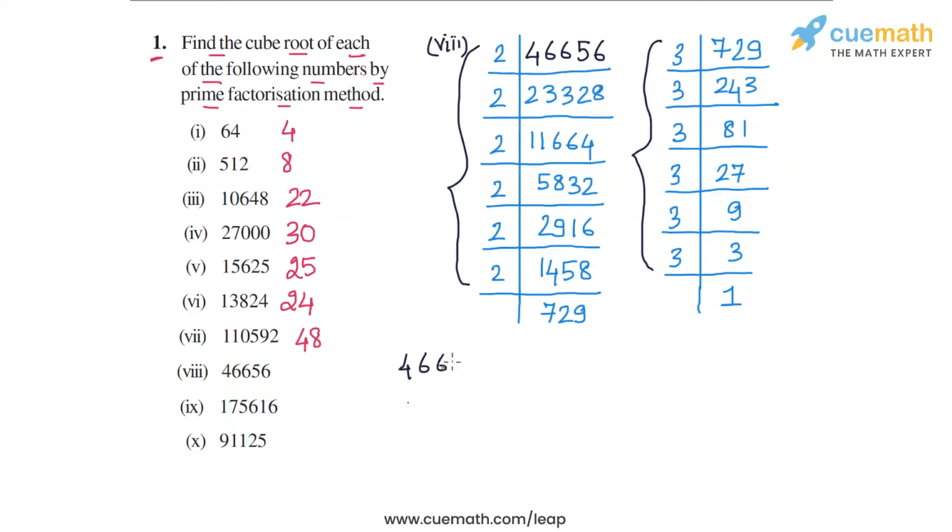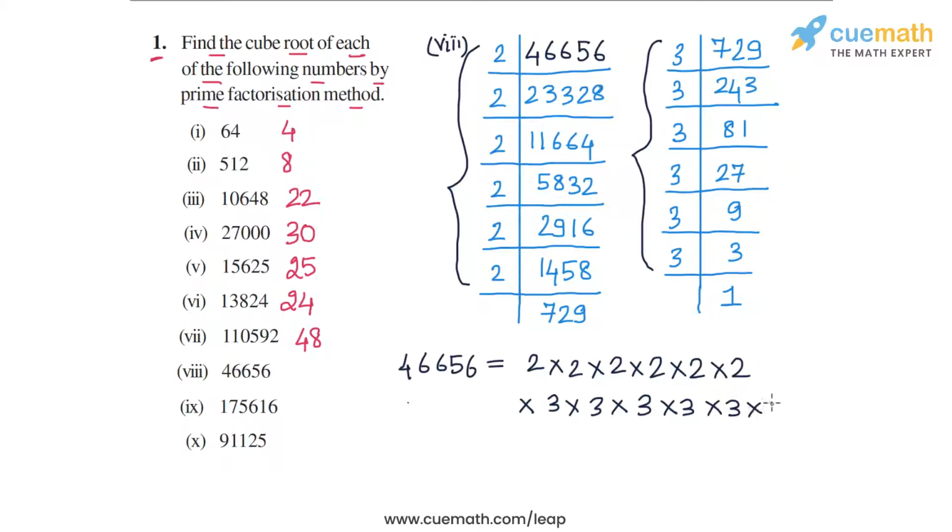So 46,656 in prime factorized form has these 6 repetitions of 2 and then these 6 repetitions of 3. So now we are going to group the prime factors into triplets. So we will get one triplet of 2, another triplet of 2, one triplet of 3, and another triplet of 3.